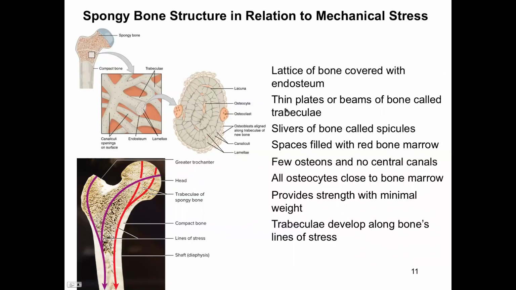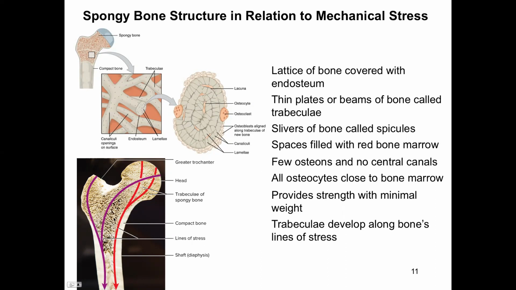And these trabeculae, or beams of bone, and this is the weird thing, I put it down here at the bottom: they develop along lines of stress in the bone, all right? If you look at this one, you can see a line of stress. You can see how the trabeculae are aligning that way. And this way here, they've drawn it in so you can see the different lines of stress based upon the way these trabeculae are oriented.